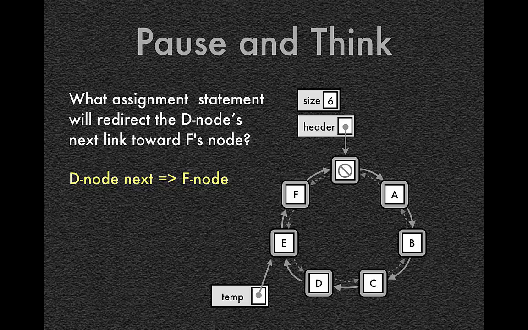The only variable that we as programmers have to work with here is the temp variable. Now, if I give you 5 seconds, can you tell me how to express the D node in terms of the temp variable? 5 seconds starting from now.